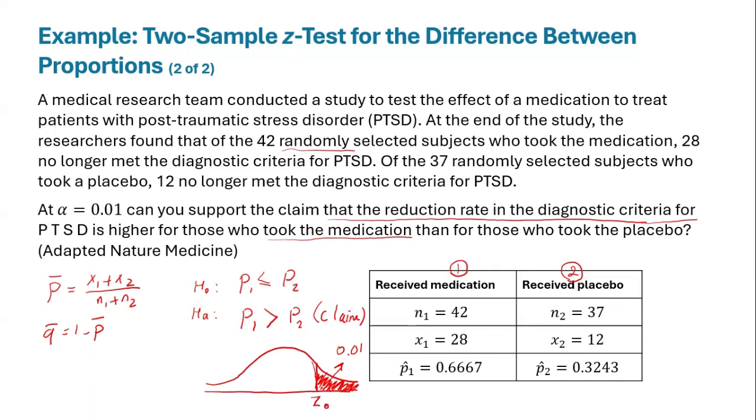If I want to look at the z table to find the critical value, I need to have the area on the left. If the area on the right is 0.01, the area on the left is 0.99. So when you open the z table, you need to look at the body of the z table and look for 0.99 to find the critical value.